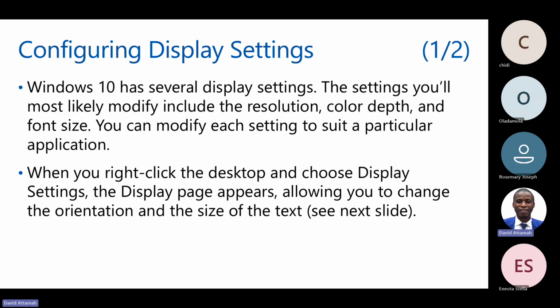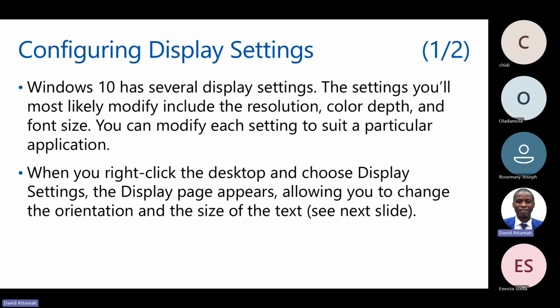Under Display Settings, this is where you can change the screen resolution of your computer. If you want what appears on your desktop to be very large, you want it to be a little bit smaller, you want it to be very, very small, this is where you can make the settings.